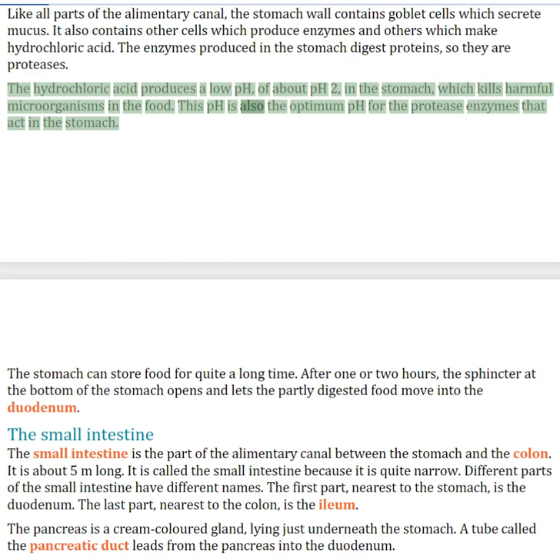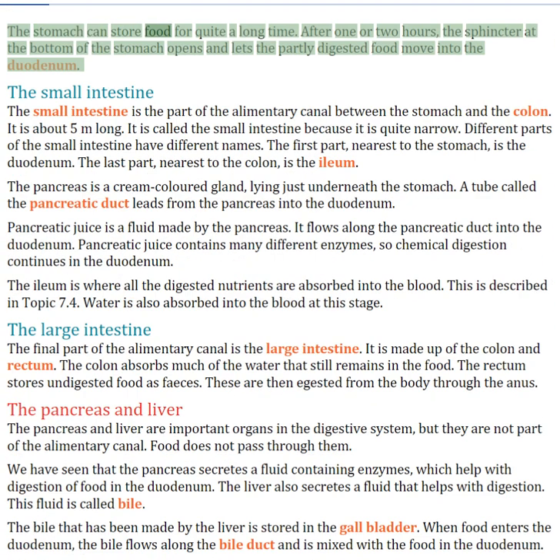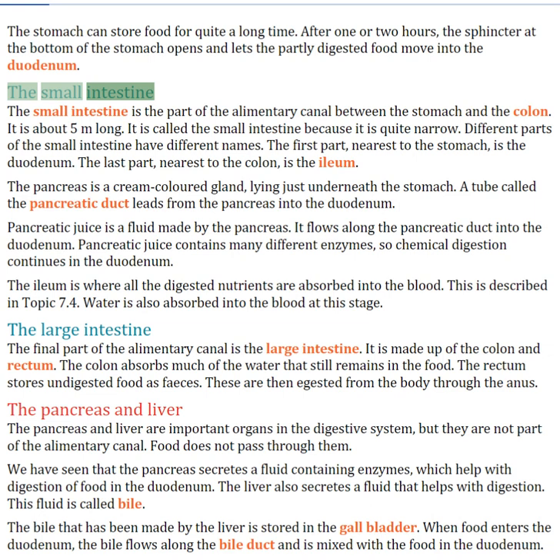This pH is also the optimum pH for the protease enzymes that act in the stomach. The stomach can store food for quite a long time. After 1 or 2 hours, the sphincter at the bottom of the stomach opens and lets the partly digested food move into the duodenum.